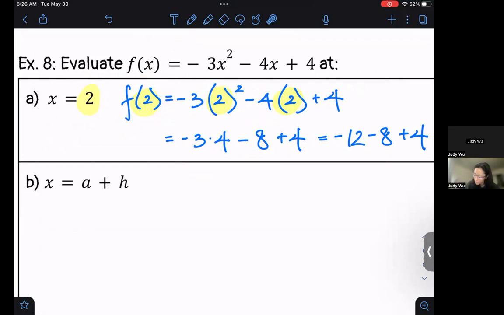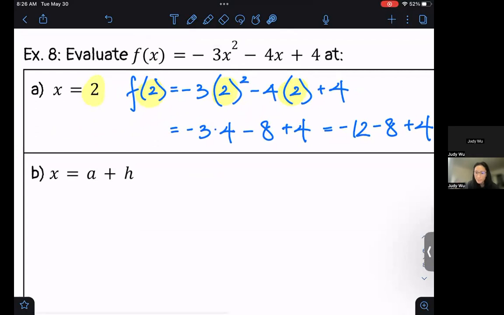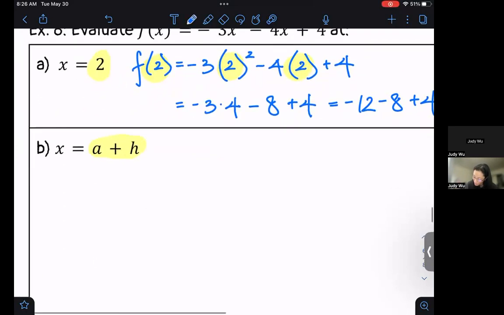All right. Now that's a really important concept because in our second part, x equals a plus h. So what that means is everywhere we see an x, we're actually going to replace the entire thing with a plus h, all right?